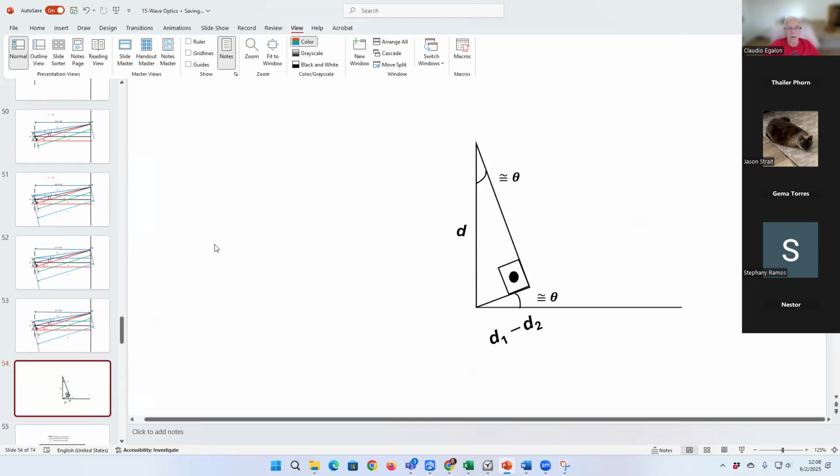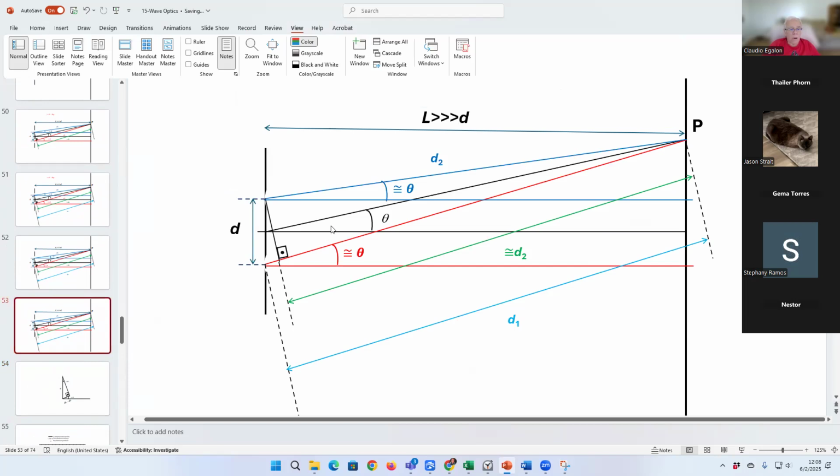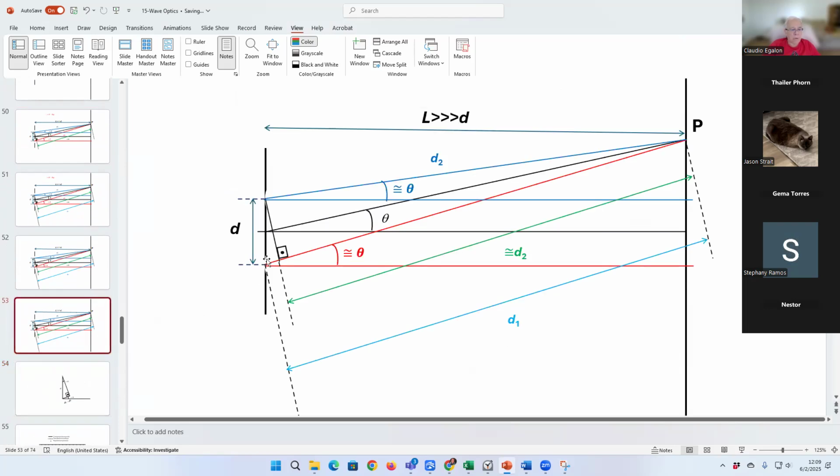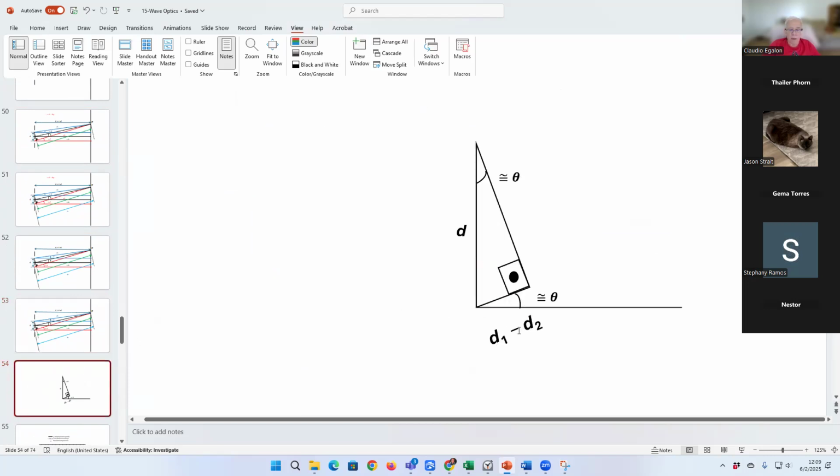Okay. Here's my right angle triangle. This right angle triangle is the same as this one. Remember that I told you that this small difference here is going to be approximately d1 minus d2. That's what I put here, d1 minus d2.